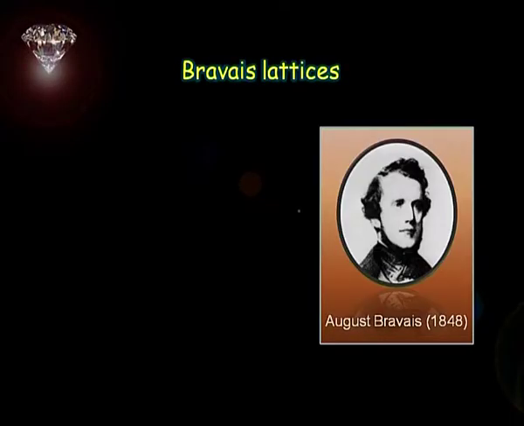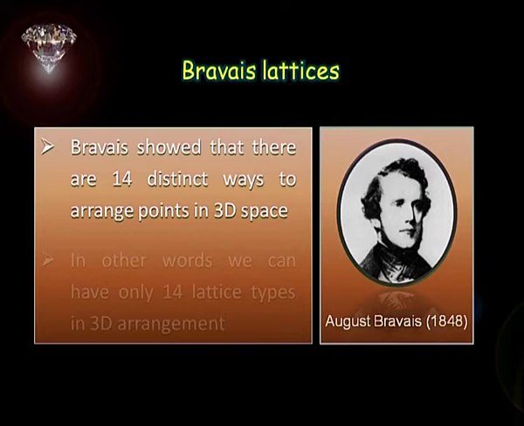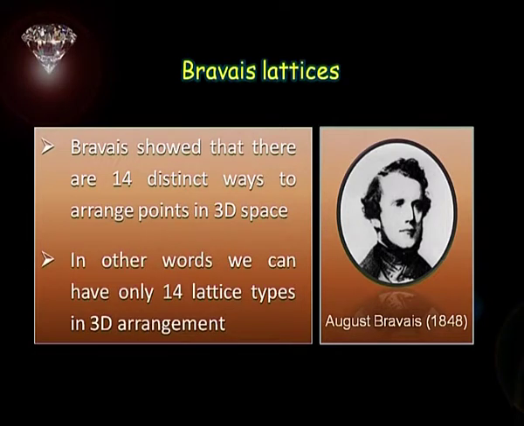Now, basically Auguste Bravais in 1848 mathematically showed that there are only 14 distinct ways to arrange points in 3-dimensional space. In other words, we can have only 14 lattice types in 3D arrangement. That's all.